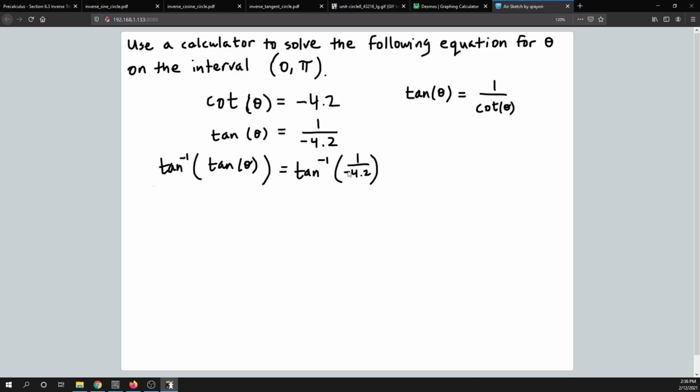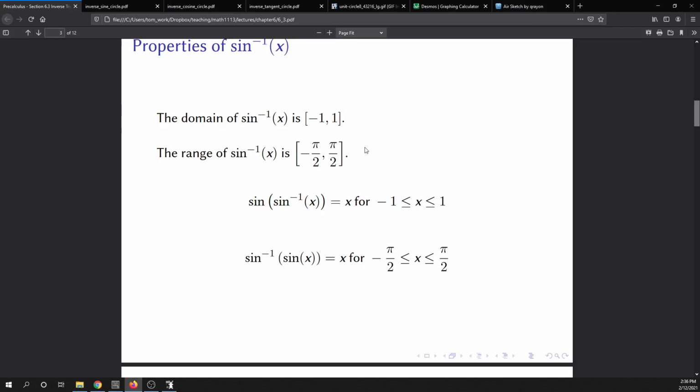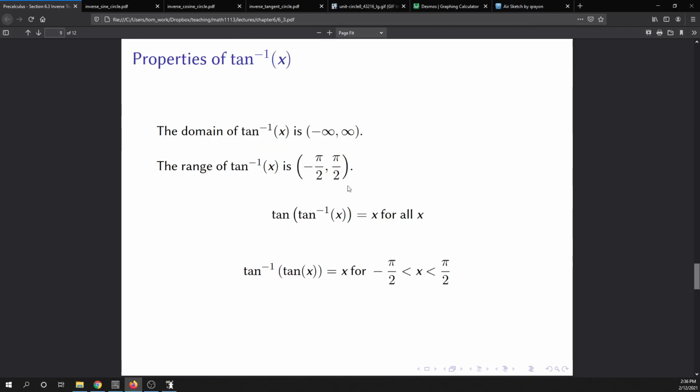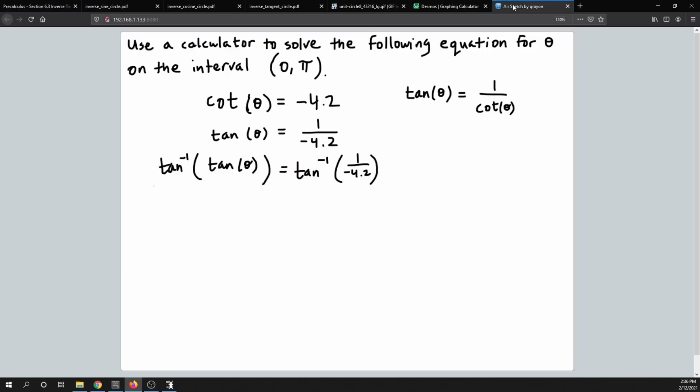What I've been doing when solving these is referring back to the properties of the inverse functions, going back to these slides and looking at them. This property, the fact that tan inverse of tan x equals x for all x from minus pi over 2 to pi over 2, allows us to say that this left-hand side will just be equal to theta, okay?